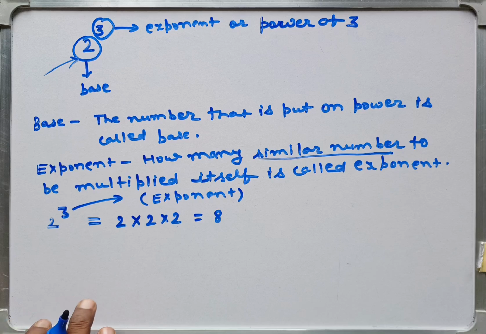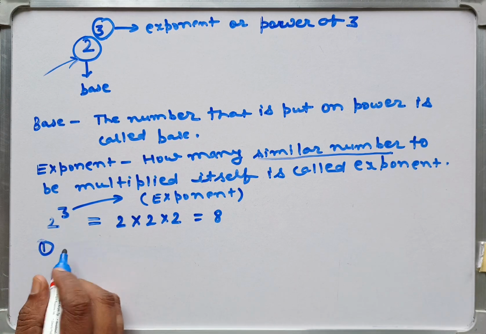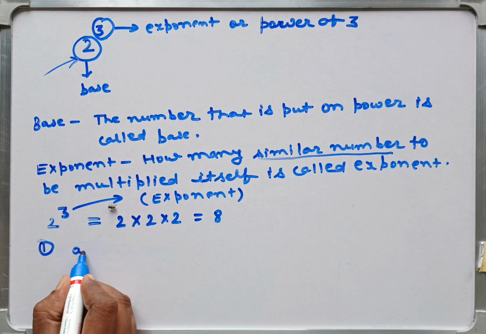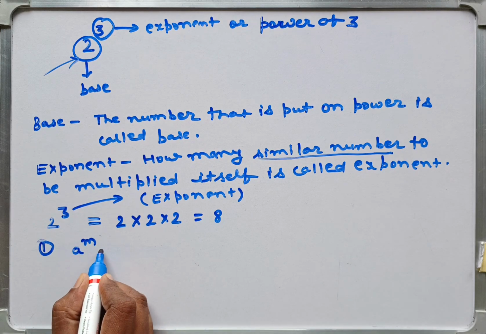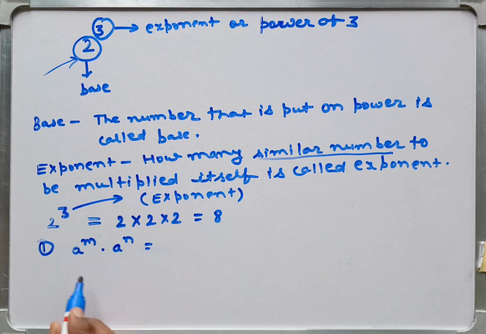If you remember certain rules of exponents, then it will be easy to solve maths problems. So you say, sir, what are these rules? See this one. First one: a to the power of m, dot, a to the power of n. Here the dot in mathematics is a multiplication sign.